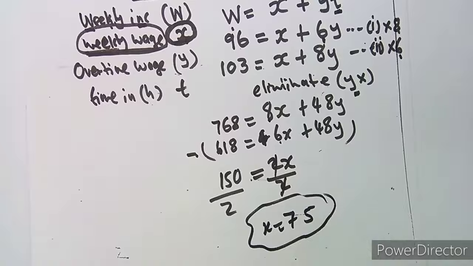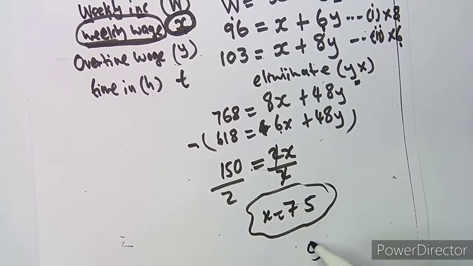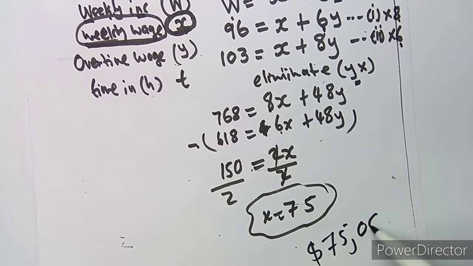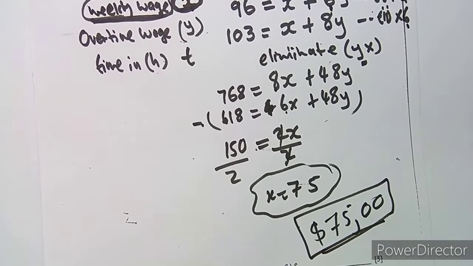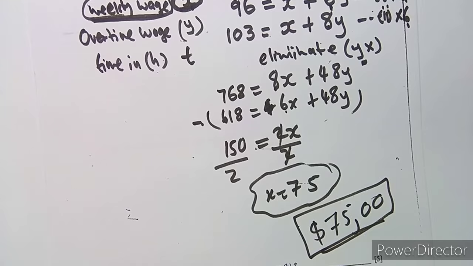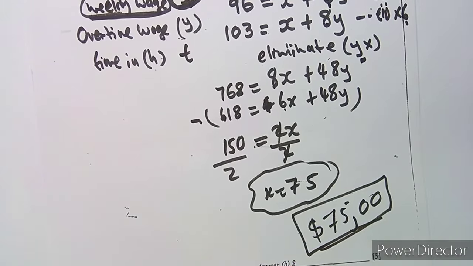So this is our fixed weekly wage, which is $75. Here we are given another amount that you get after a number of hours, but a fixed wage means without any overtime, without anything, that is what this man was getting: $75.